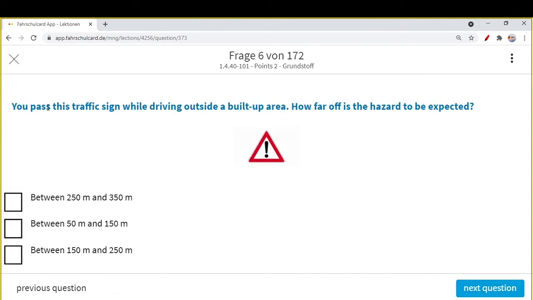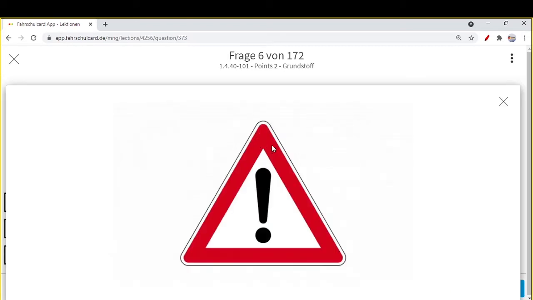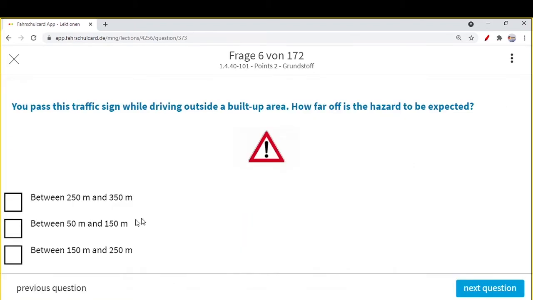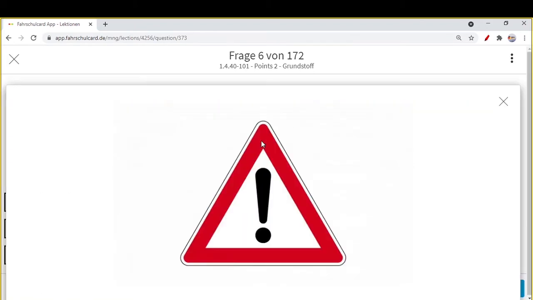Our next question is, you pass this traffic sign while driving outside a built-up area. How far off is the hazard to be expected? So you see there is a red sign, danger, and this sign also tells you there is a danger 150 to 250 meters ahead.